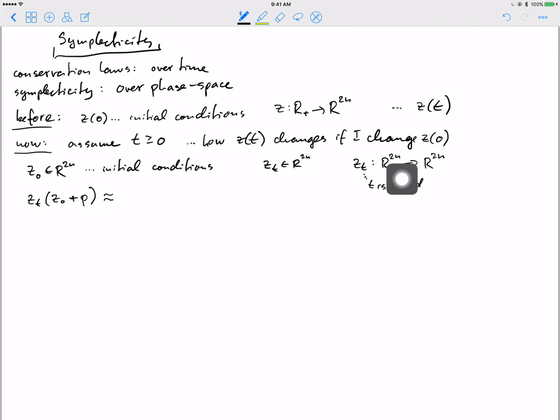This is a function from 2n to 2n, so it's a vector function. What is the mathematical tool for studying, at least approximately, how the output of the function changes if I slightly change the input arguments? We had this before, just now we are looking at it from a slightly different angle.